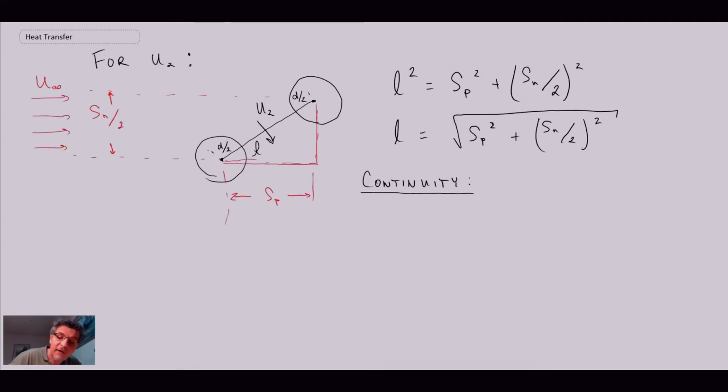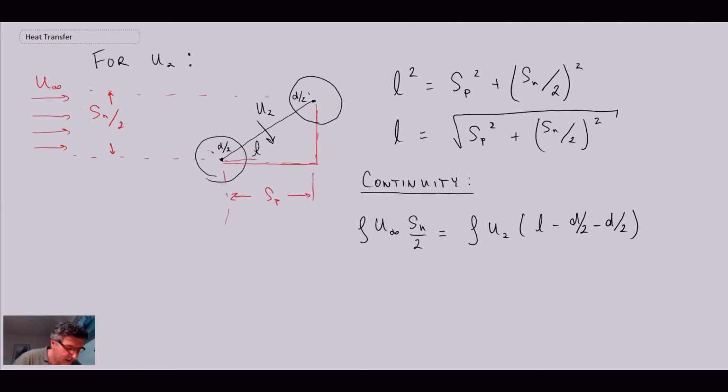So with that, on the inlet side, we will be looking at rho u infinity Sn divided by 2. And on the right-hand side, that is going to be equal to rho u2, which we don't know yet, times L minus d, because I'm subtracting d over 2 twice. I'll put it out explicitly: so we're doing minus d over 2 minus d over 2.